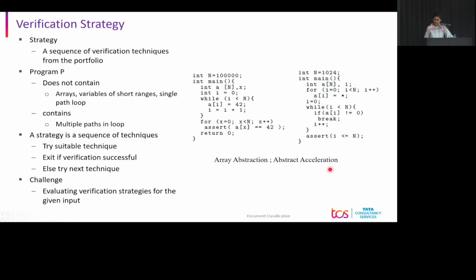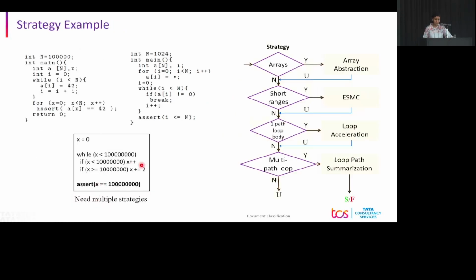You run them in a time-bound manner, and one of the techniques may or may not succeed. If the first technique doesn't succeed, the second one will succeed. So you try a suitable technique, exit if the verification technique is successful, else you try the next technique. But it's quite hard to decide the order of those techniques.